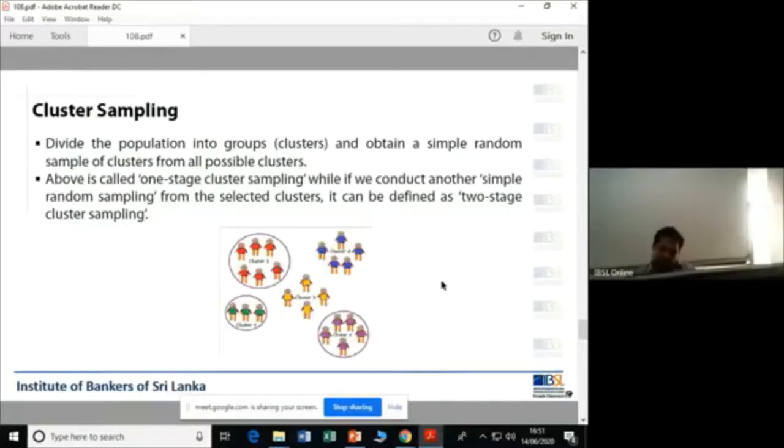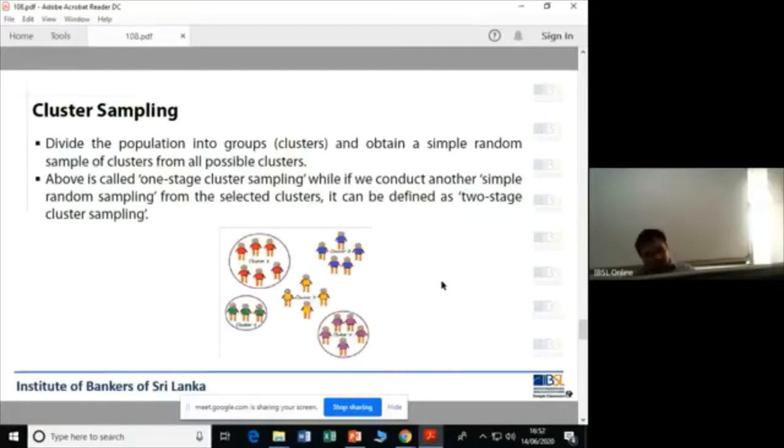So in previous instances of quota and strata, what we did was select items from each of these clusters or classes or groups for our sample. But here the difference is we select an entire cluster, entire class, entire group, and take them into our sample.